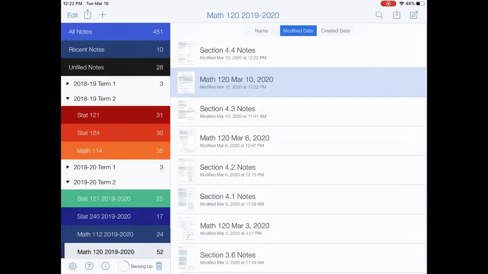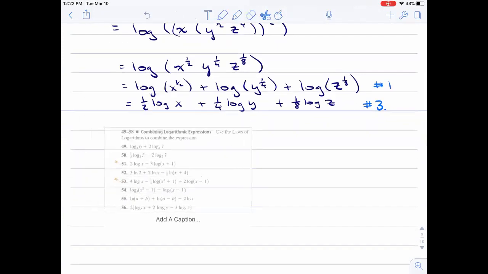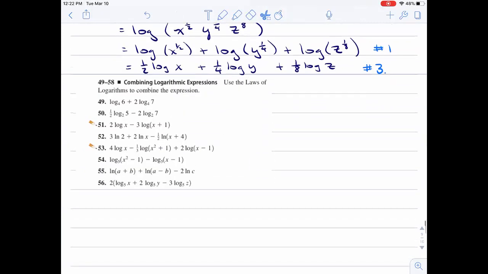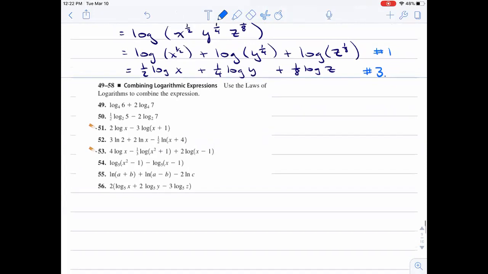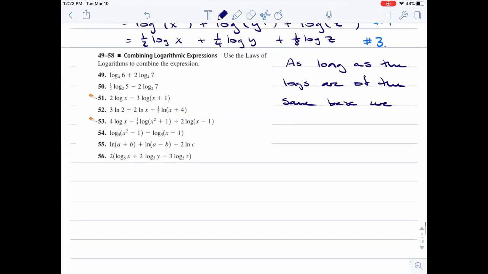If we look at 49 to 56, if we want to combine these expressions, as long as the logs are of the same base, we can work in reverse to combine logs.